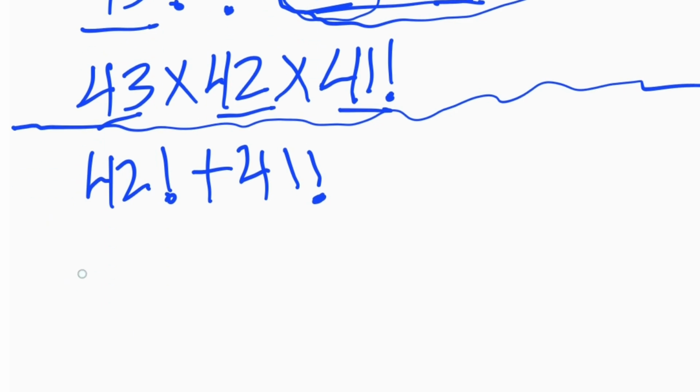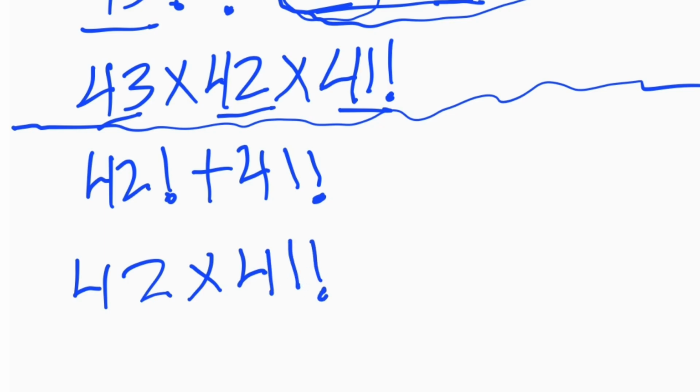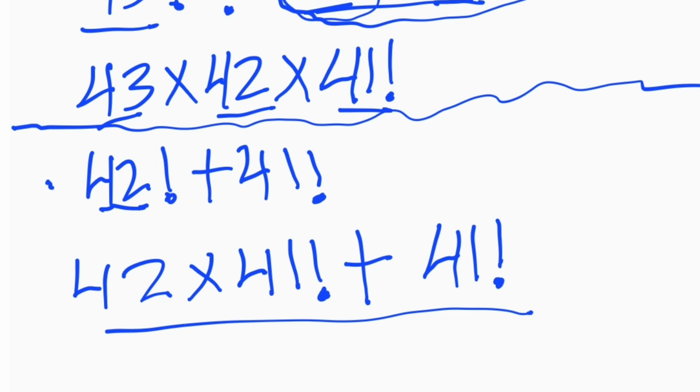To do this, we can simply write 42 times 41 factorial. The same thing we used for 43 works for 42 factorial, so we can just add a plus sign here and write 41 factorial. So this is the same thing, just in a different expression.